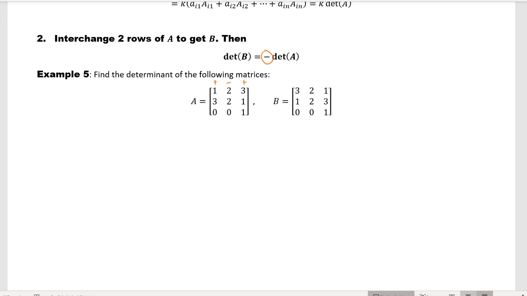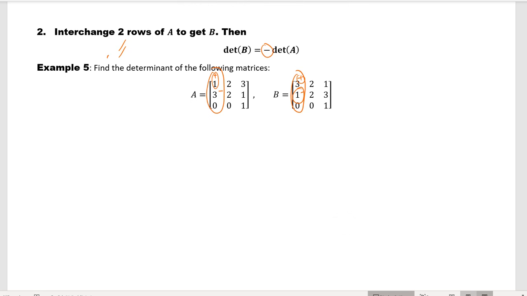If we look at the first row in this case, this is plus, this is minus, this is plus, this is minus, and then you will realize the signs just change. The sign of one is positive, but the sign here is negative, so the determinant is going to be negative. So if you interchange two rows or two columns, then the determinant is going to be negative.